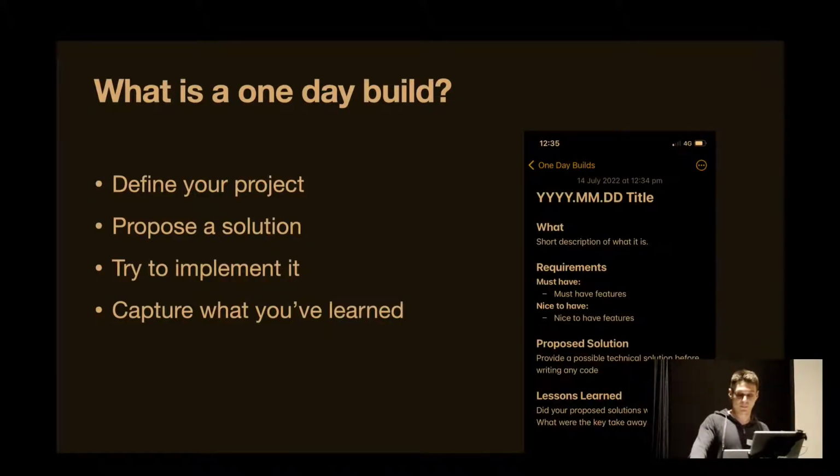The thing on the side is a little template I had on my phone originally. The idea is you should be able to describe what you're doing in a really brief sentence. If it's too big, or you can't list a few requirements, then you need to break it down. Originally I wanted to build a word search game, and that was too broad.